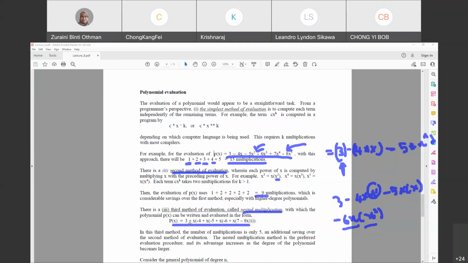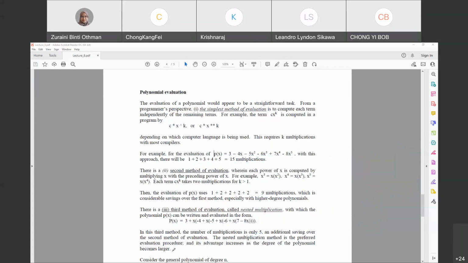Okay. It is nested. It means that it's only involve 5 multiplication. And it also saving over the second method of evaluation. And the nested multiplication method is the preferred evaluation procedure, and its advantage increases as the degree of polynomial becomes larger.